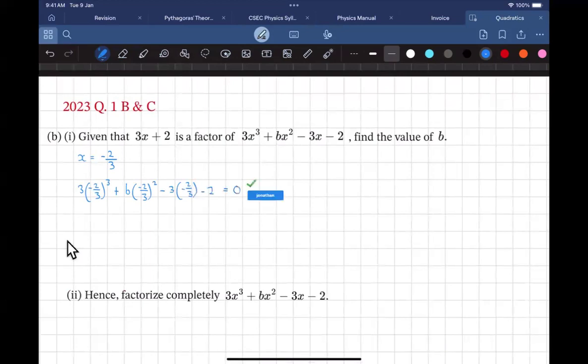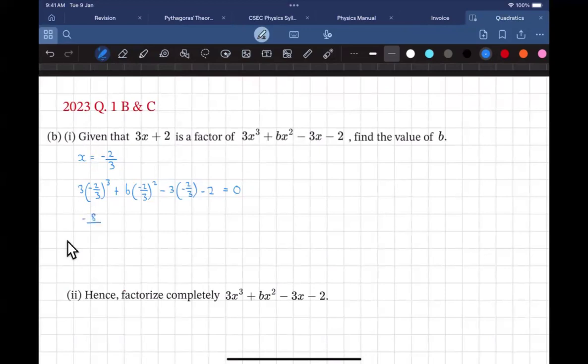So plug this into your calculator. 3 and minus 2. So for the first one, it will be minus 8/9.